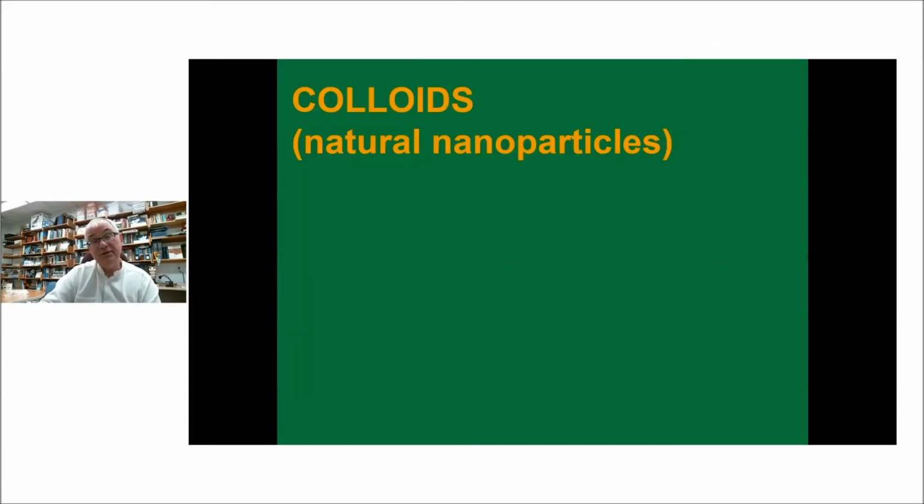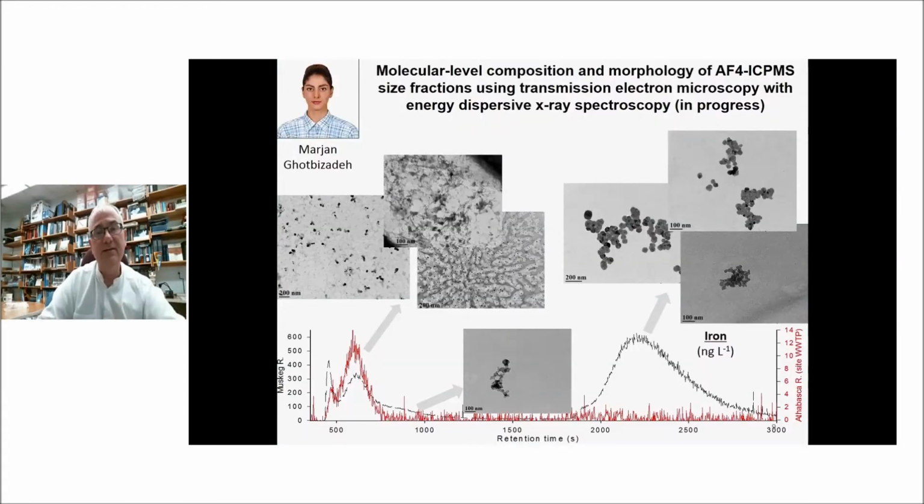In terms of the colloids that are in the water, these natural nanoparticles, Marjan is a master's student who's working on these with Chad. This is an example of a fractogram doing the size resolved analysis. And this is actually really cool. She's looking at these particles using the transmission electron microscope.